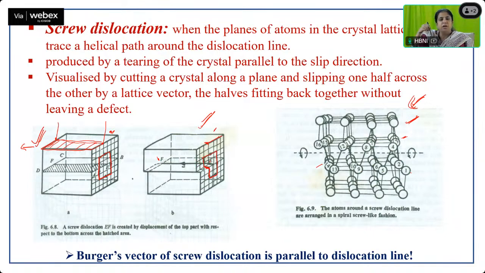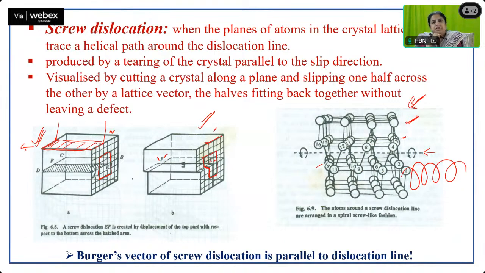Stairs actually move like rings, like in a screwdriver. So because of the nature of this, that it goes like this, it is called a screw dislocation. So this particular dotted line is your screw dislocation, which corresponds to line EF over here.